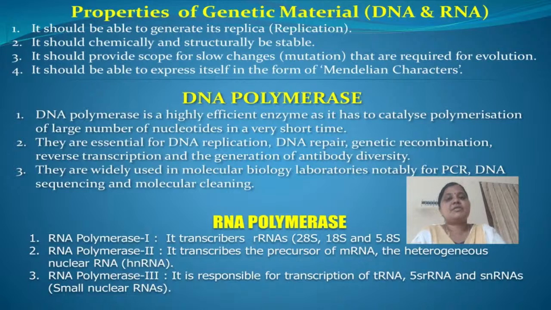DNA is chemically and structurally stable. In the third property, it should provide scope for slow changes, mutations, that are required for evolution. And the last one is that it should be able to express itself in the form of Mendelian characters.